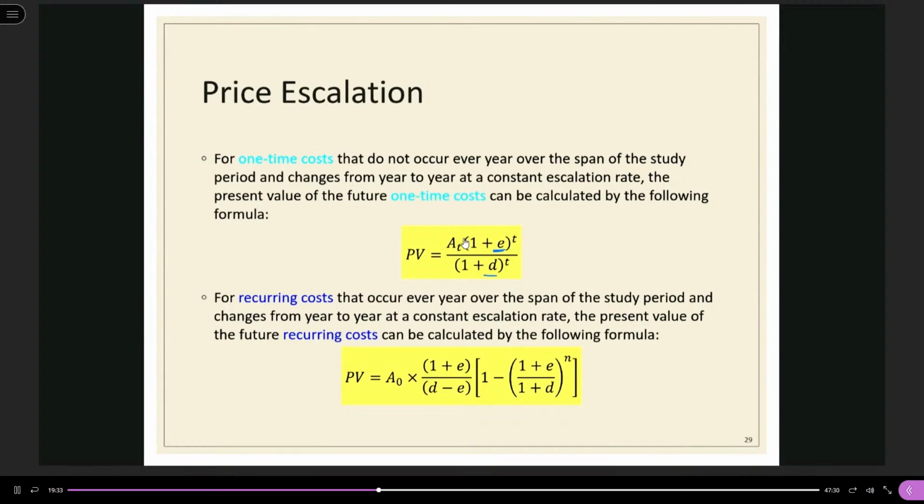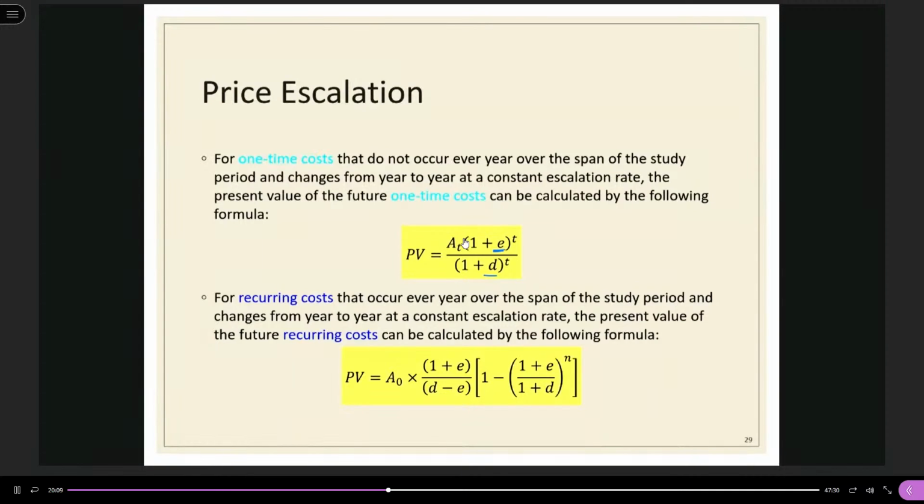Like the computer. The same configuration of computer today will be cheaper in the future, because we have more and more advanced technology. Today my computer is quite good, but after 2 years it is a very old model, then the price will be cheaper. In that case, this E will be a negative value.